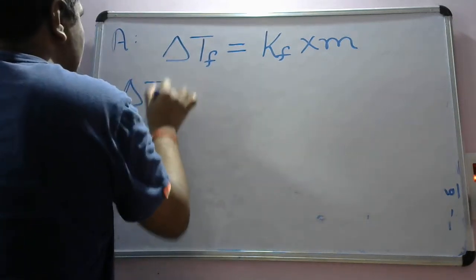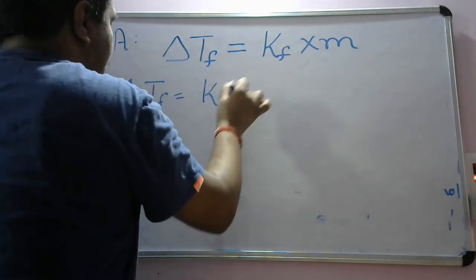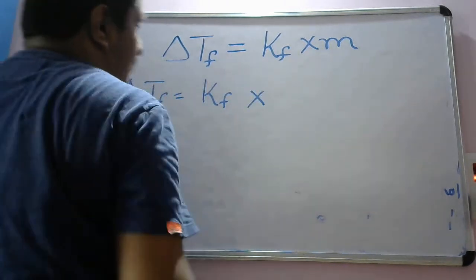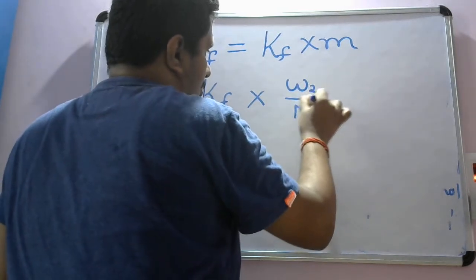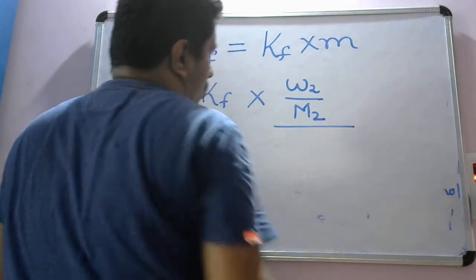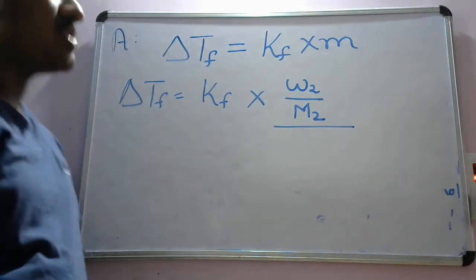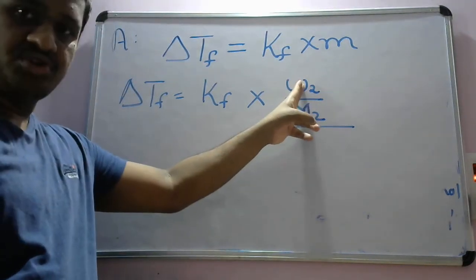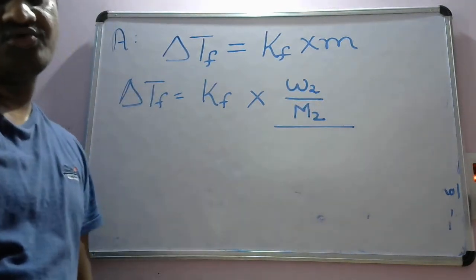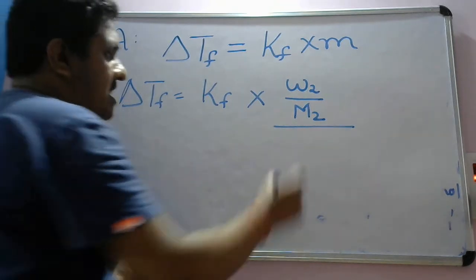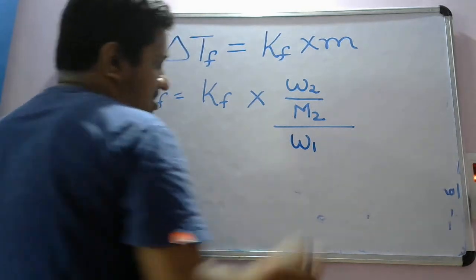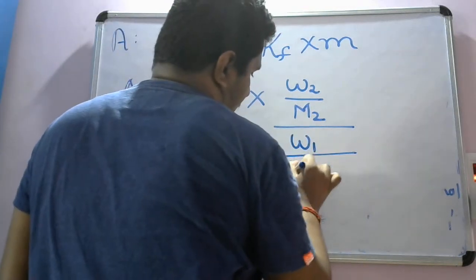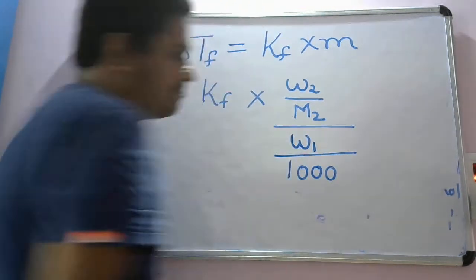Again, molality can be expressed as number of moles of solute, W2 by M2, that is given mass of solute by molar mass of solute, divided by mass of solvent in kg. Since our mass of solvent is in grams, we convert to kg by dividing by 1000.